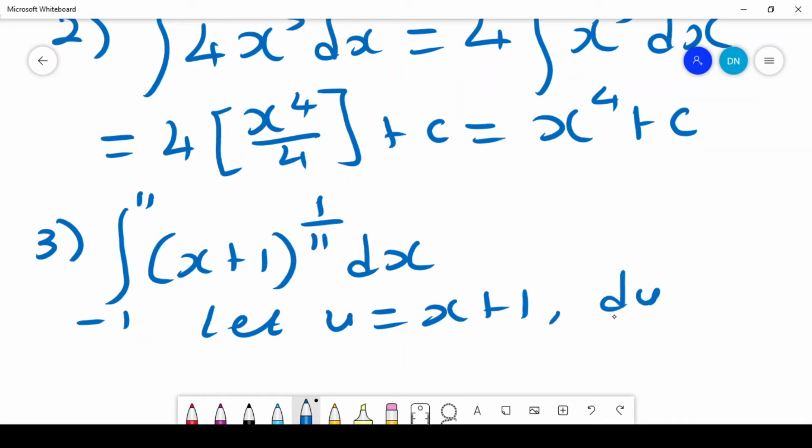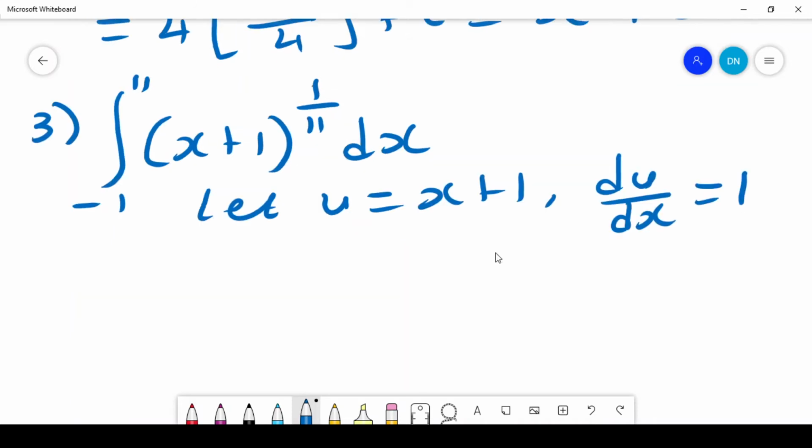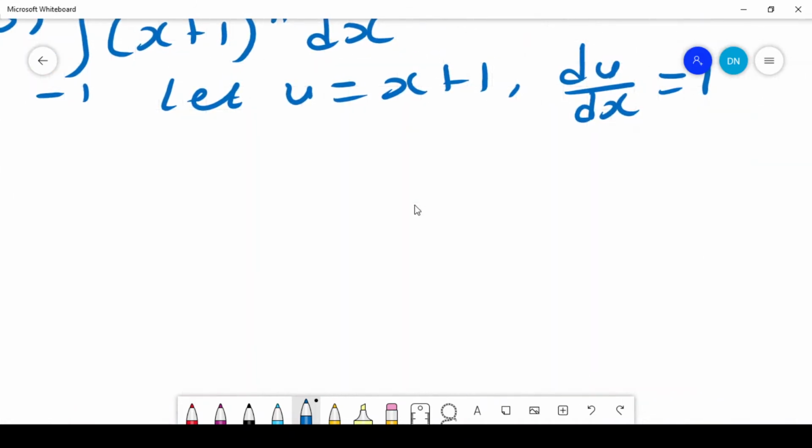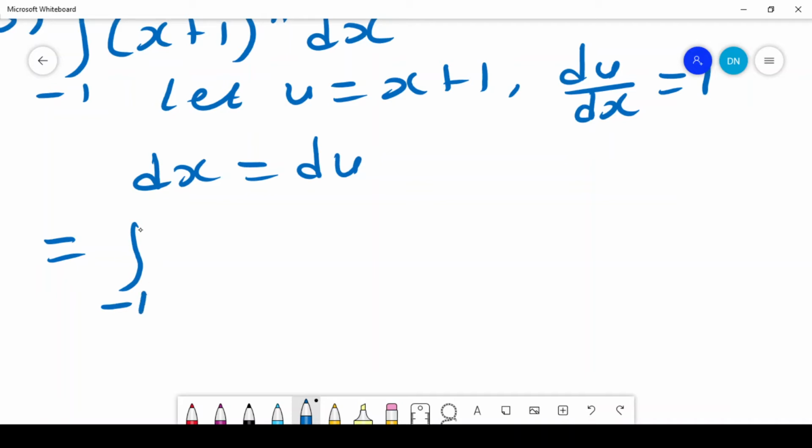And then I have du/dx equals 1. So what we have here is that dx equals du. So I'll be having the integral from negative 1 to 11 of u raised to power 1 over 11 du.